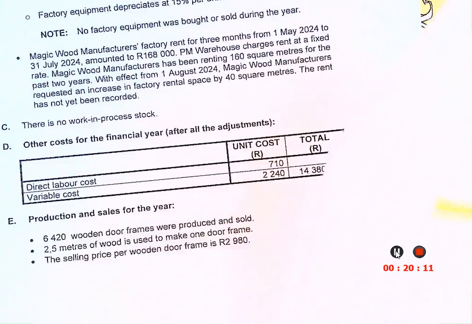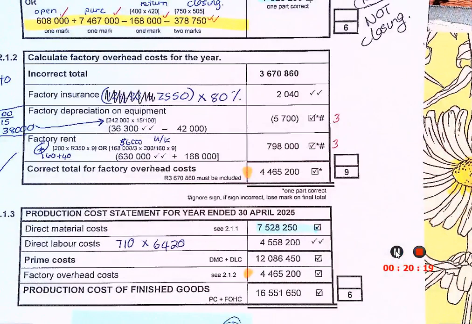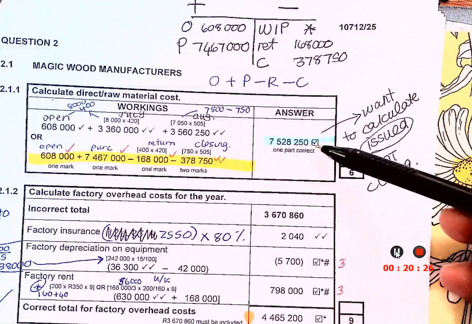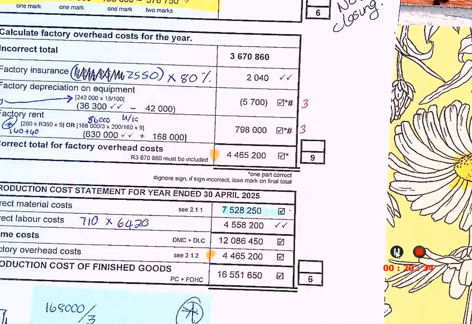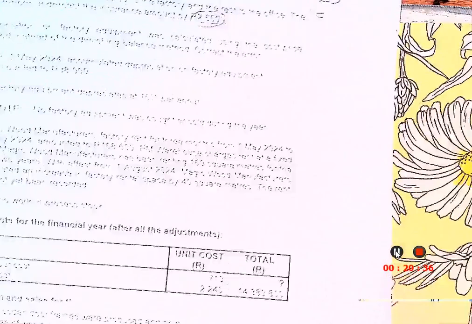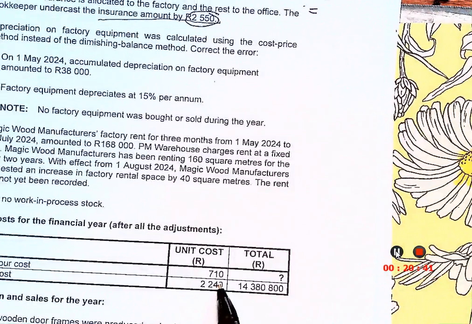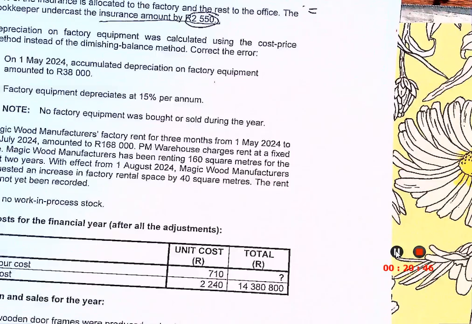Okay, let's do the production cost statement. I want my direct material, which I already calculated there. So it's a prime mark. The direct labor they give me by saying unit cost is 710, and how do I get, you guys must help me, I haven't read through this.